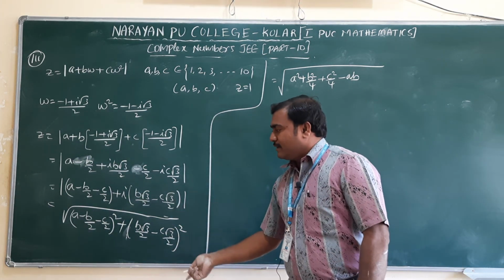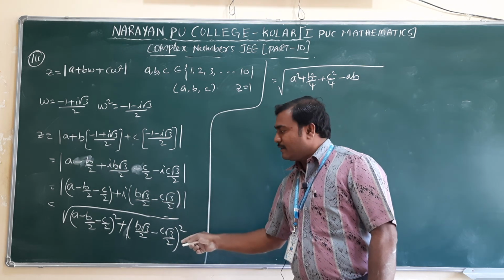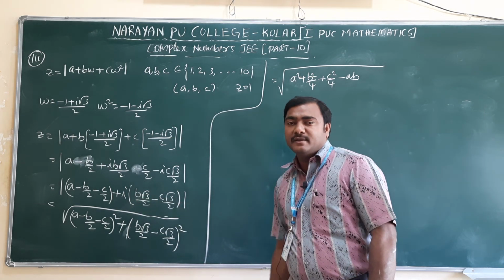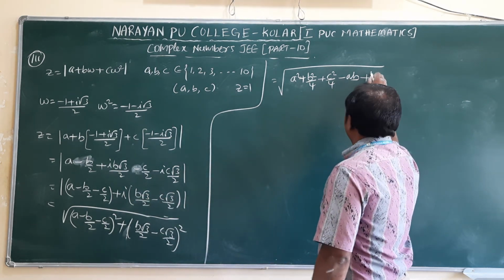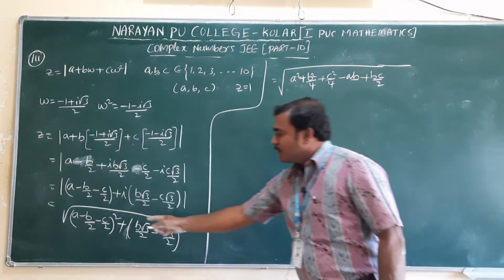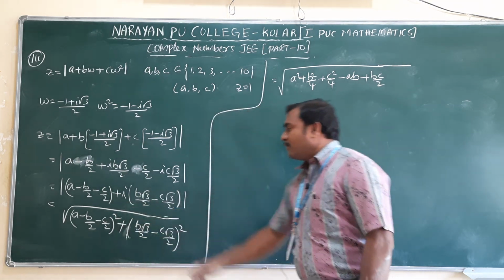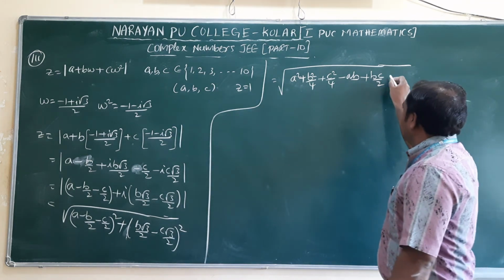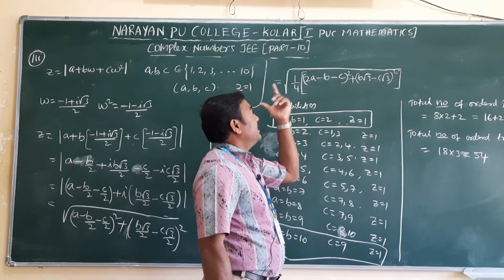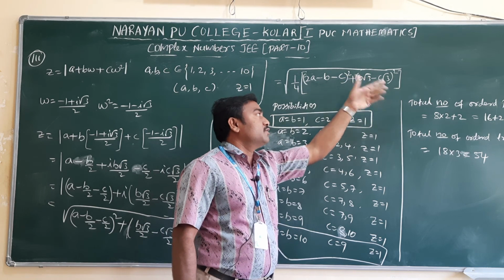Again 2bc, 2 into minus b by 2 into minus c by 2, so minus by minus gives plus, remaining bc by 2 plus bc by 2. Again minus 2ca. Taking LCM, we get 1 by 4 into (2a minus b minus c) whole square plus (b root 3 minus c root 3) whole square.